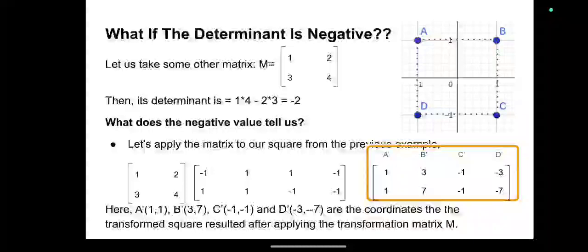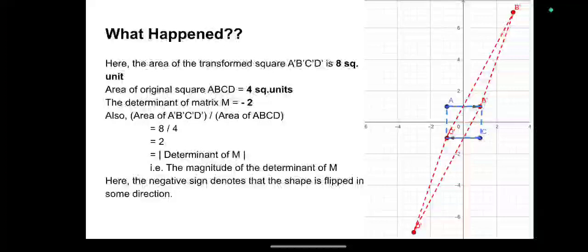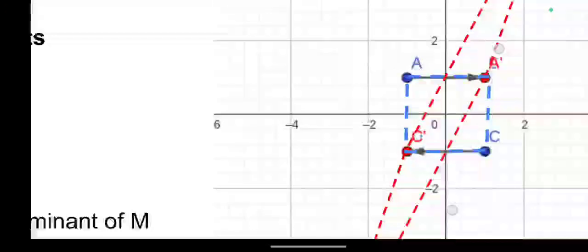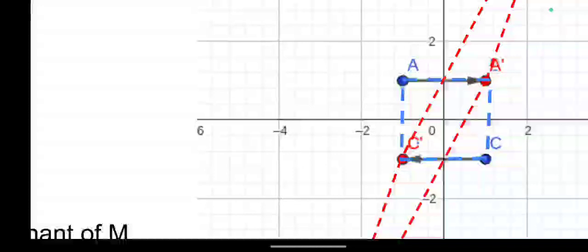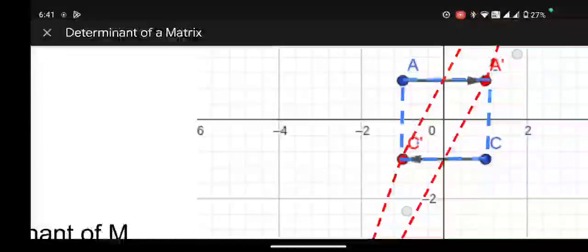So let us see what has happened here. If you see the graph here, again the blue square represents our original square and the red shape represents our transformed shape. So if you see here, our point A has transformed to where B was, becoming A dash, and our point C has become C dash, and it lies where our original point D was.